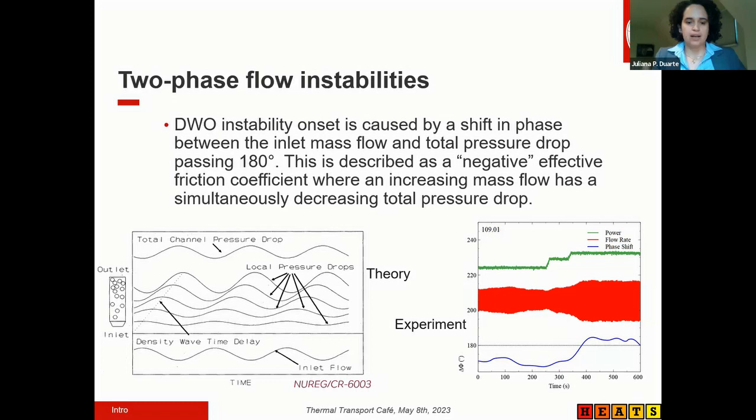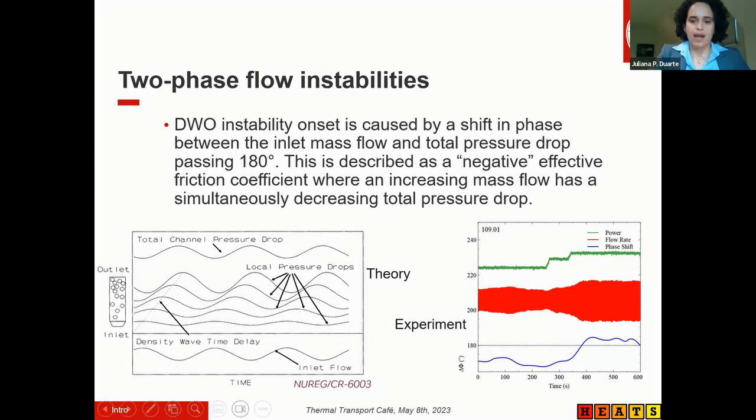Once this inlet mass flow is completely out of phase with the total pressure drop, these oscillations grow because it has a kind of negative effect on the friction coefficient that leads to the increase of the mass flow rate.